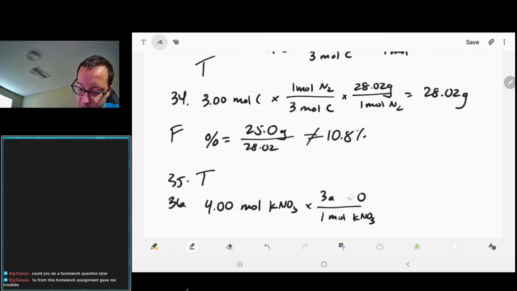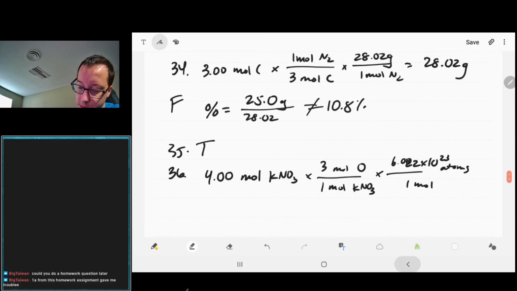Oh, 3 moles rather. Times Avogadro's number. So let's say 12 times 6.022 times 10 to the 23rd. 7.226 times 10 to the 24th. Yeah, that's true.